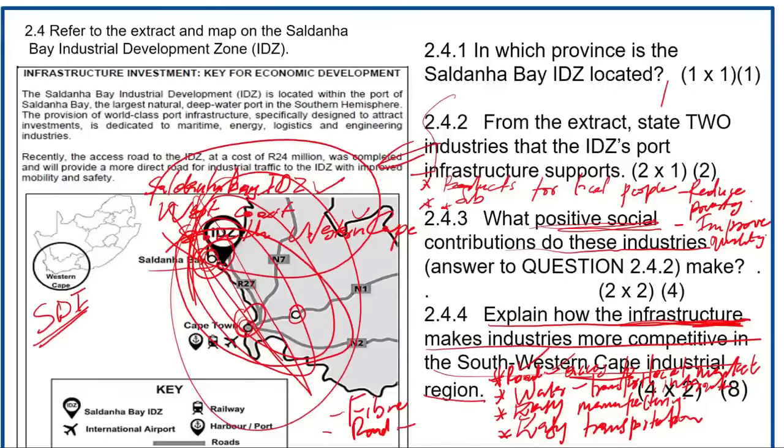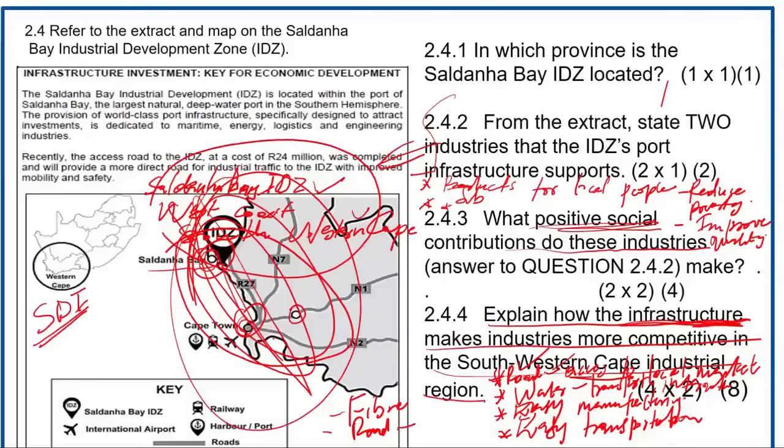Or we can look at it in terms of the line, because it is a corridor. You can look at it more as a line than a polygon, because it is joining. So in your definition, if they ask you what is an SDI, you say it's a transport and communication network that links main industrial regions and harbors.